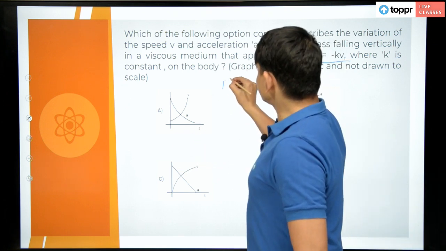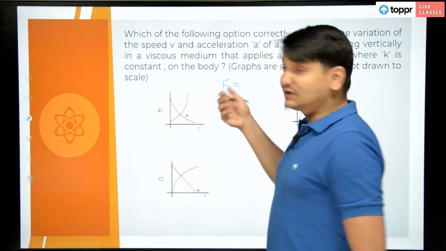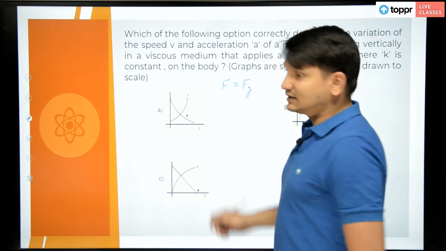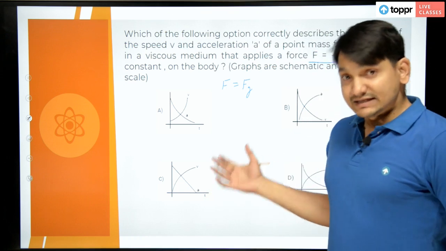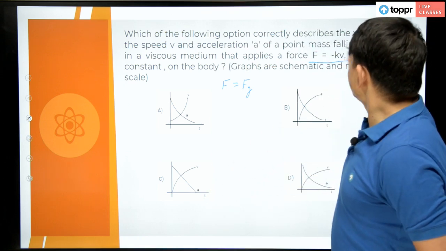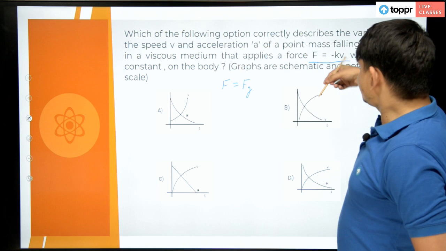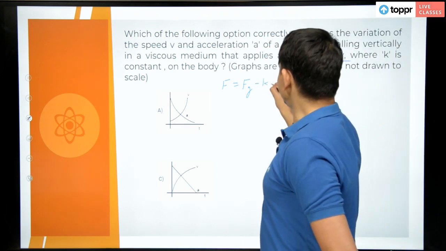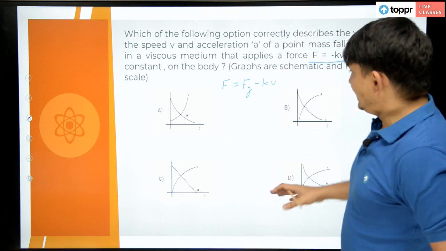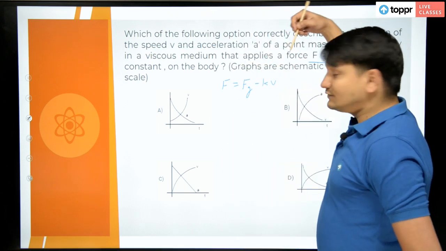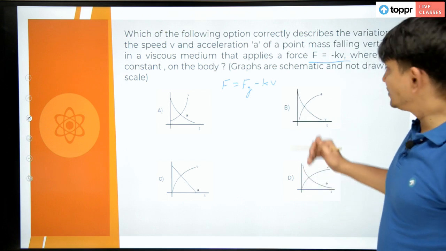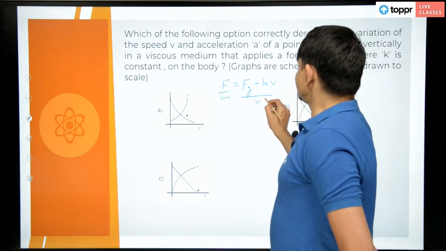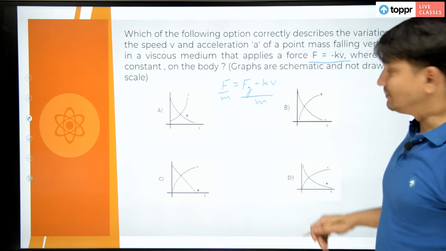Suppose that force is equal to the gravitational force and the resistance, that is F equals minus kV, is also added to it. So, simply we would say kV. If we need to find the net acceleration on the body, we would simply divide both sides by m, that is the mass of the body.